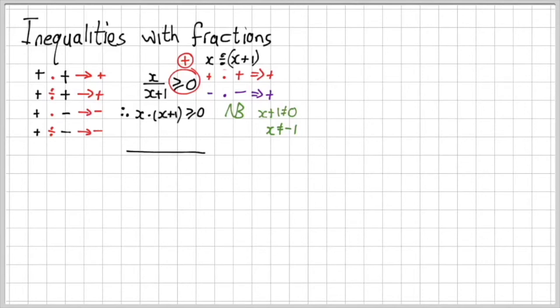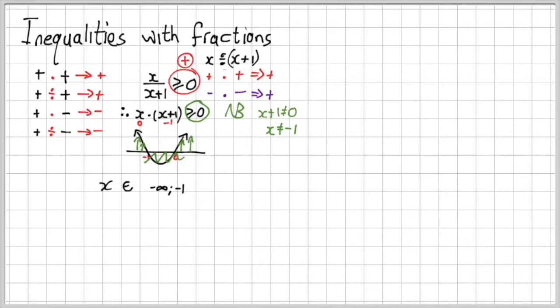Let's draw our sketch with our roots being 0 and negative 1. It's a smiling parabola that needs to be larger or equal to 0. So we cross out the negatives. That leaves me with those two sets of answers. x could be from negative infinity to negative 1. But now be careful.